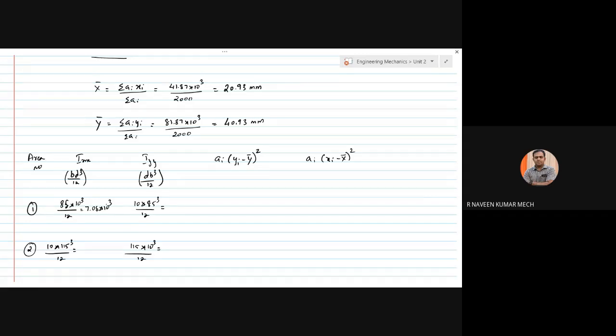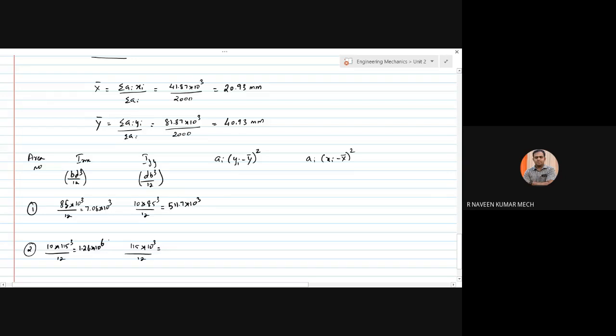10 into 85, 511.7 into 10 to the power 3. 10 into 115, we get the value 1.26 into 10 to the power 6.